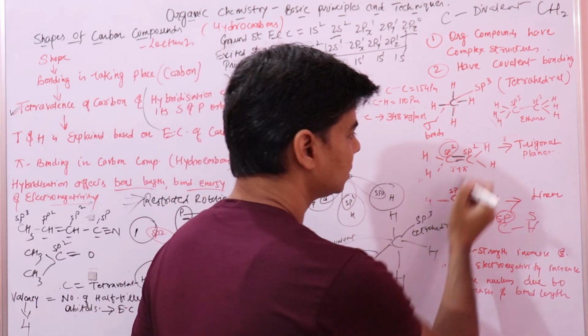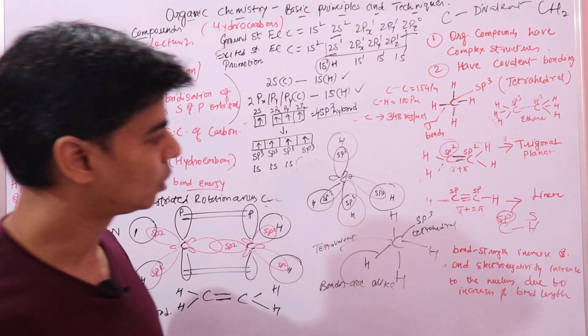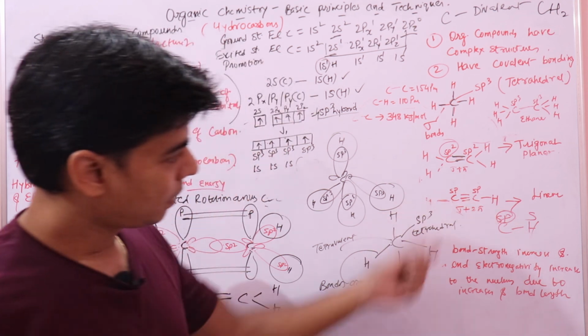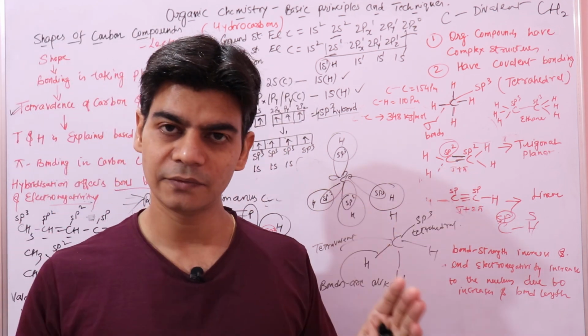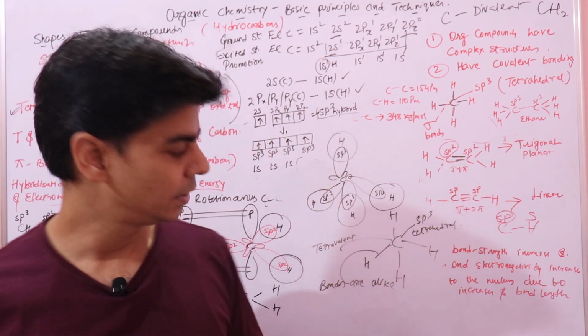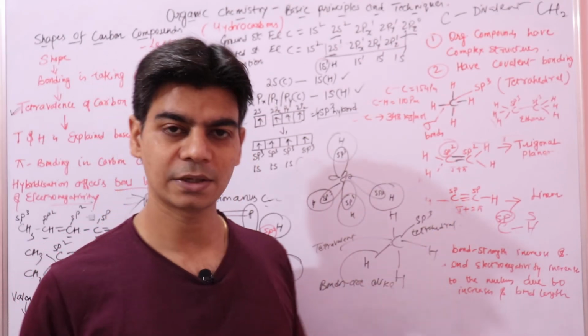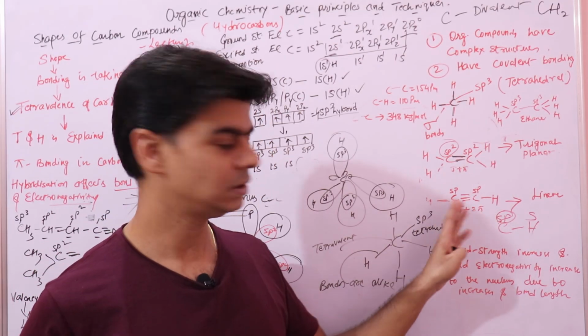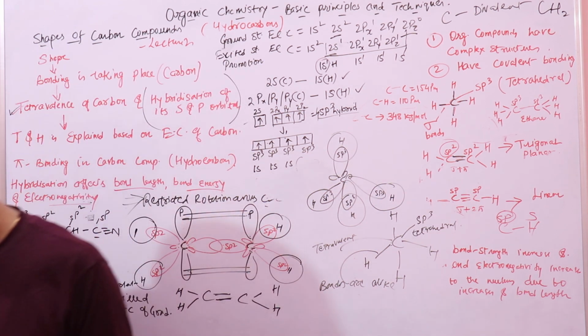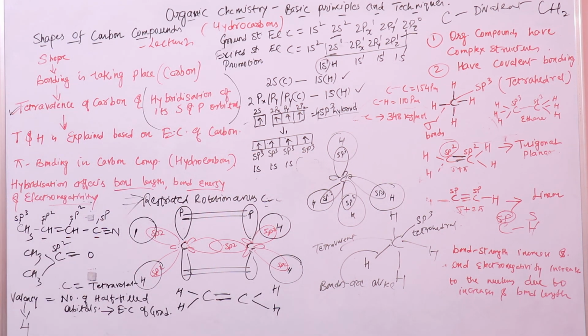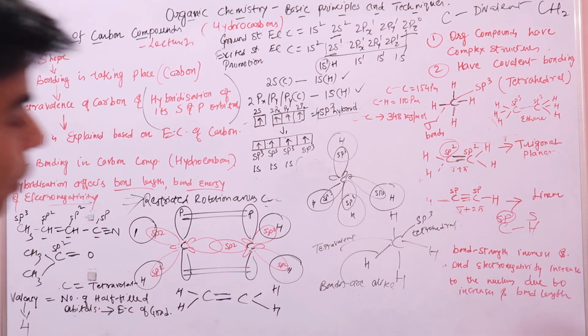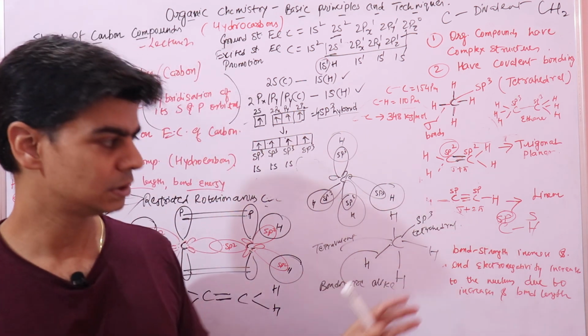So here it's a double bond. Why do we have a double bond? Because carbon needs to satisfy its tetravalent nature, so it will form a double bond. Here a triple bond, because carbon is tetravalent, so in order to satisfy its 4 valencies it will form a triple bond. I hope all this is clear. Just remember this, all this is basics. I hope this is clear. Thanks.